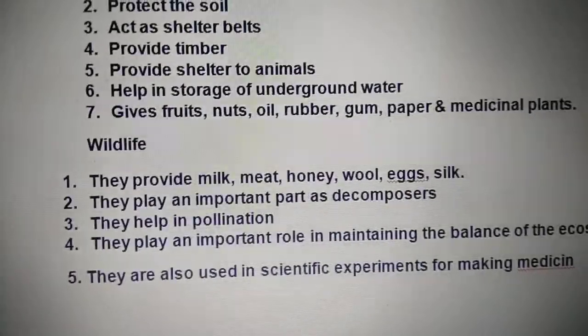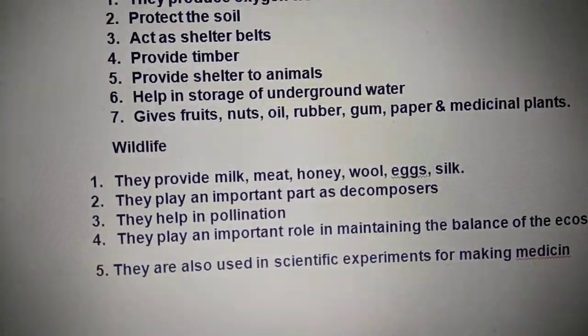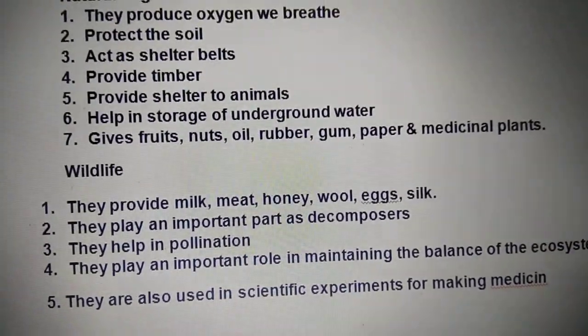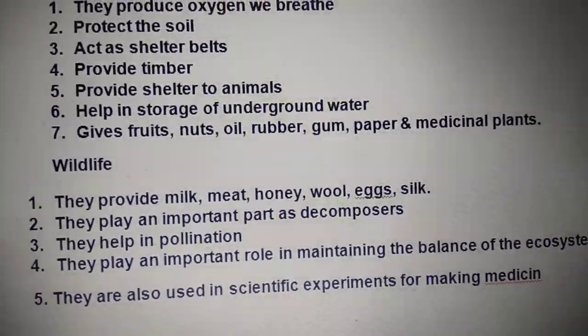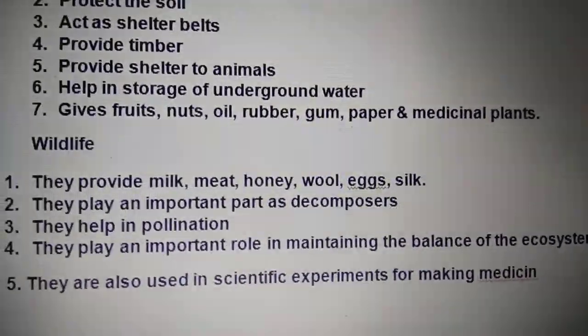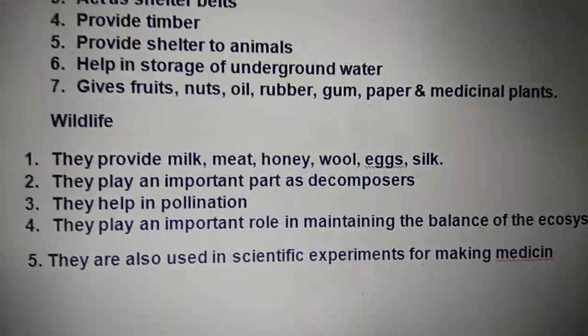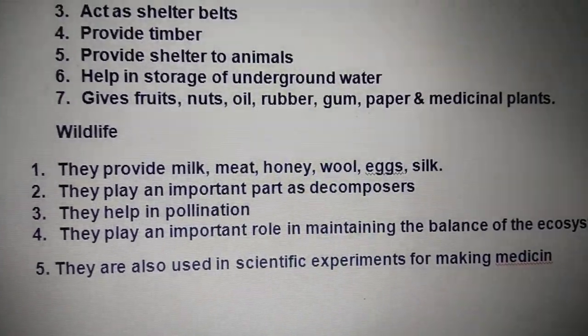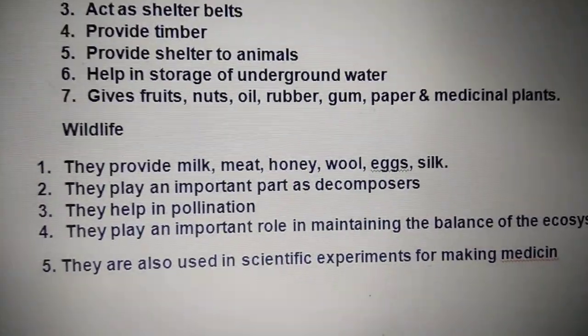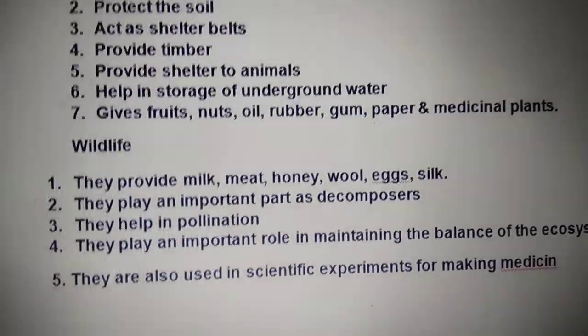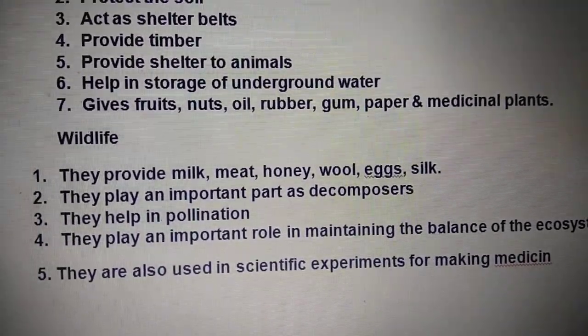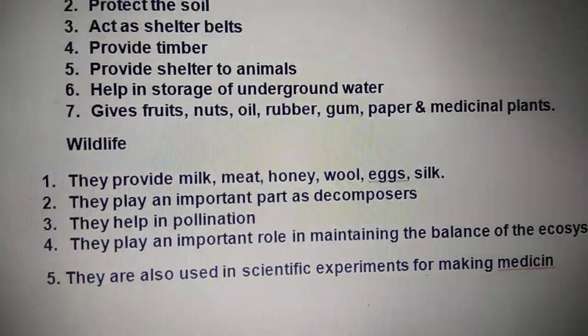Let us see how important wildlife is. Yes, wildlife includes animals, birds, insects, as well as aquatic life forms. What do they provide us with? Milk, meat, honey, hide, wool, eggs, silk. All these are provided by wildlife. Then they also play an important part as decomposers.